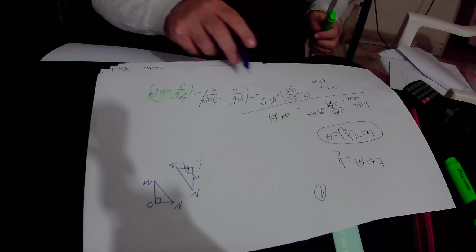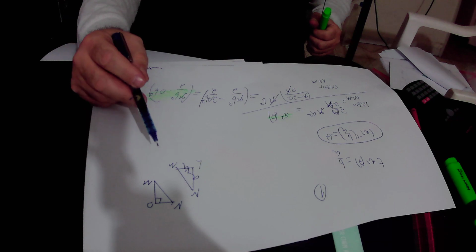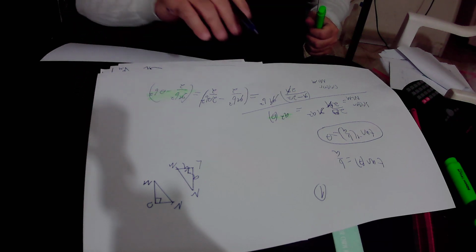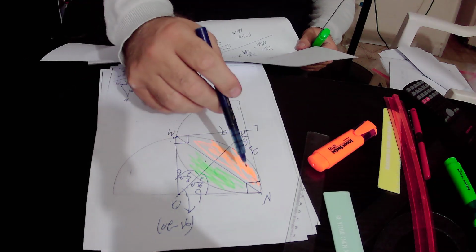So actually, the sum of the areas of the two sectors minus the area of the two triangles will give us the area of this length.